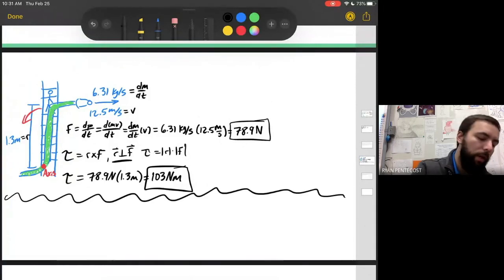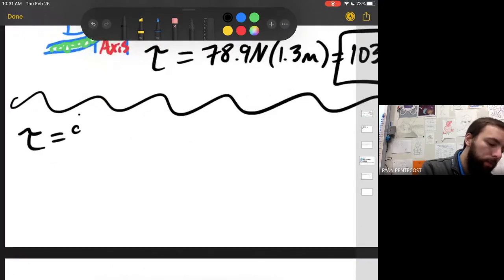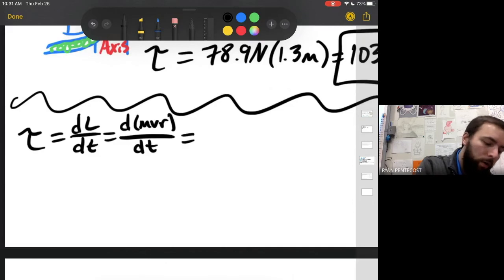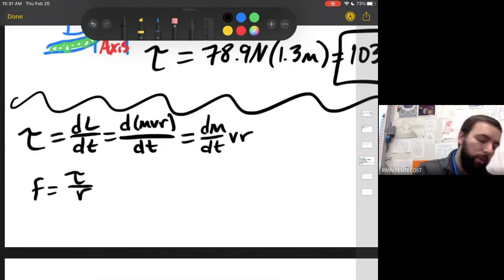Now, another way to do this is to show that torque is dL over dt, which would be d(mvr) over dt. We know v and r are constant. So this would be dm over dt times vr. And then we know that force is torque divided by radius with that perpendicular assumption that we made.